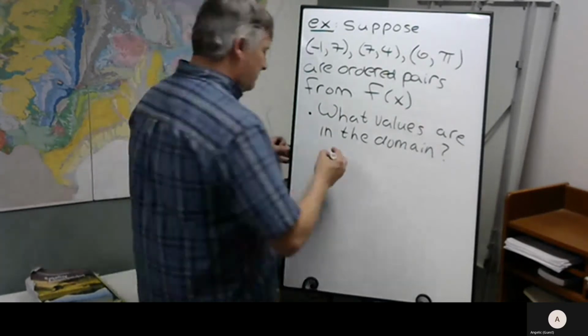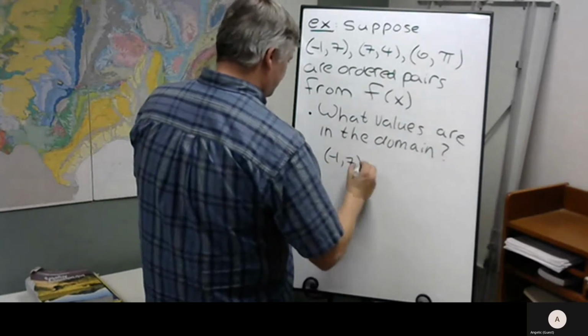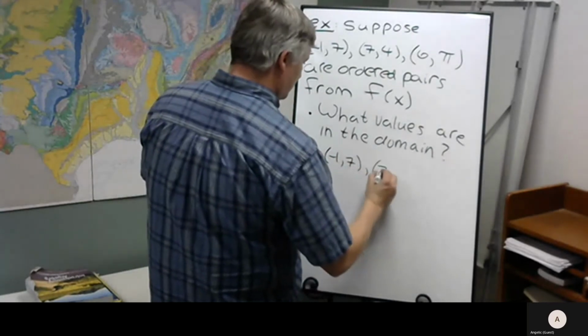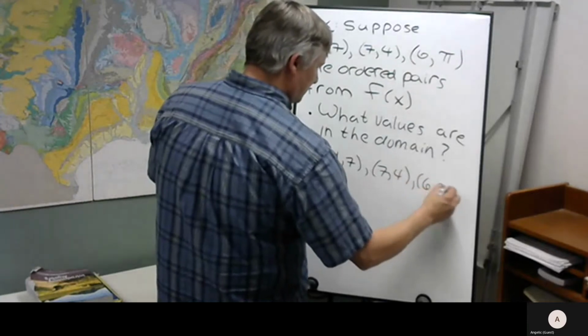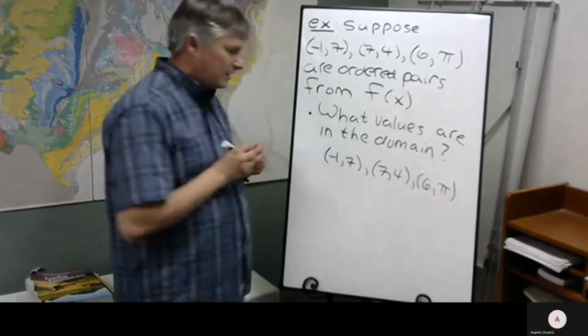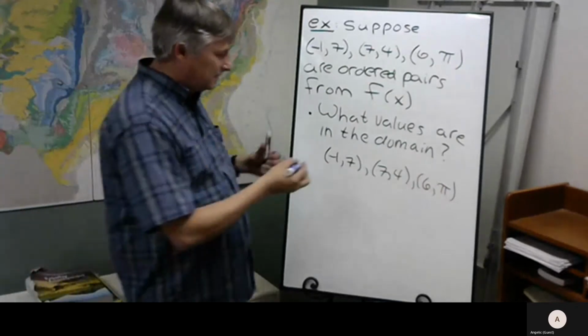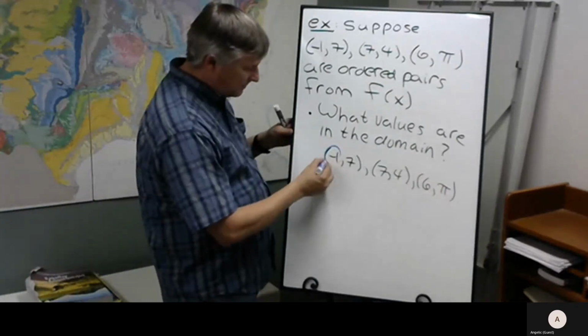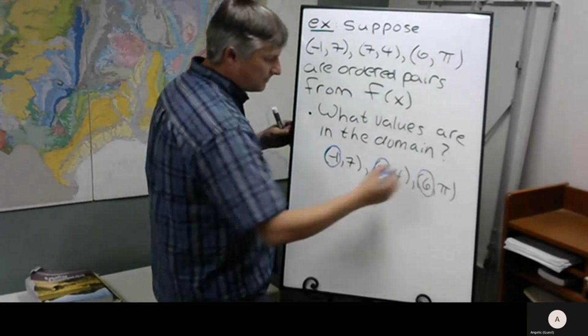Well, remember, the domain are all the input values. So that means -1, 7, and 6.